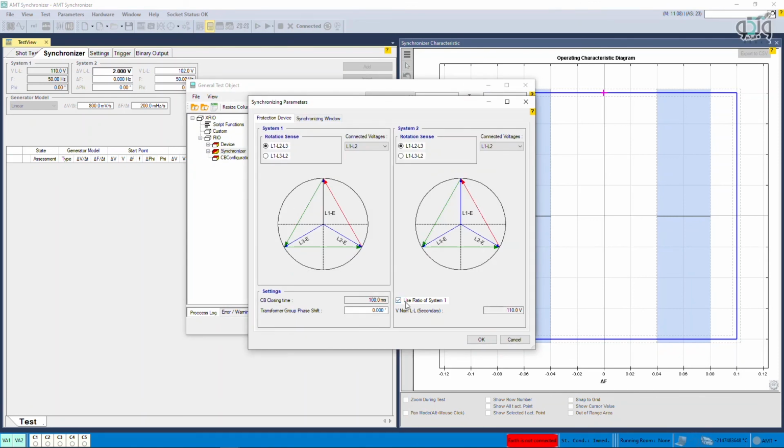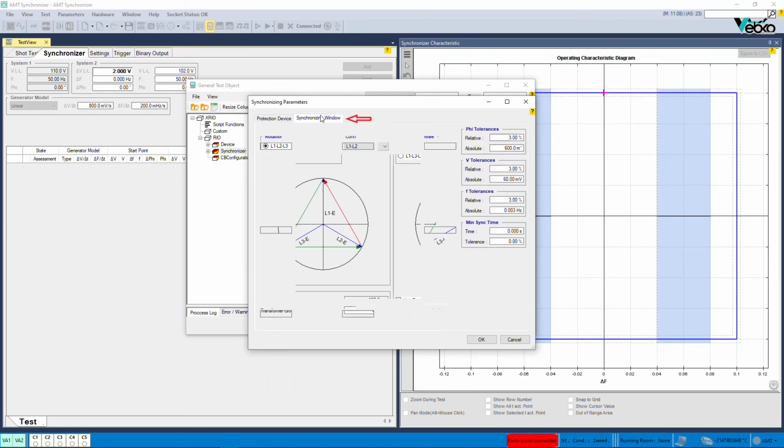For example, if the PT turns ratio of the grid is 400 kilovolts to 110 volts and the turns ratio of the generator is 15.75 kilovolts to 100 volts, since the secondary turns ratio of the two systems is not the same, the user needs to enter the PT secondary voltage of the generator or system number 2 in the VNOM LL field.